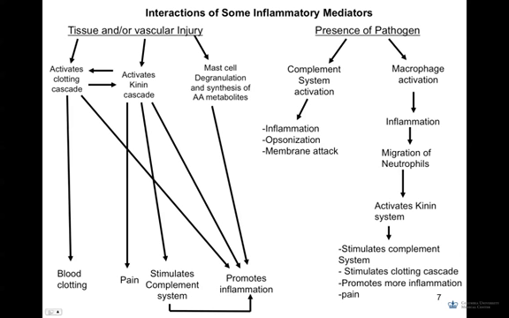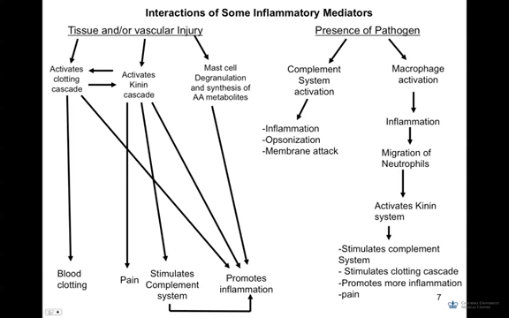And activation of the clotting cascade also activates the Kynan cascade. Okay? It produces that activated factor 12 that converts kininogens into active kinins. Now, of course, the activated Kynan cascade also increases the activation of the clotting cascade. So there's this back and forth going on between activation of clotting and activation of the Kynan cascade.